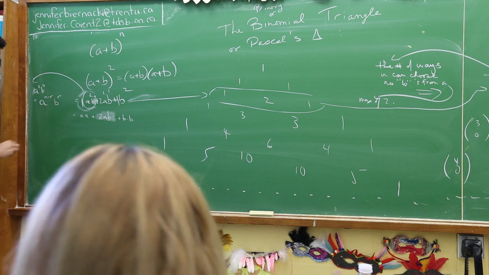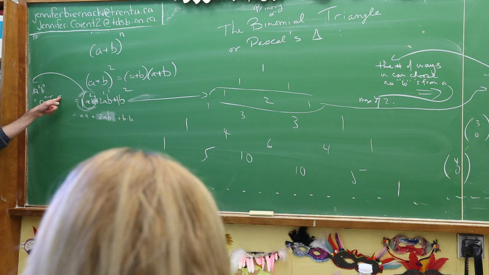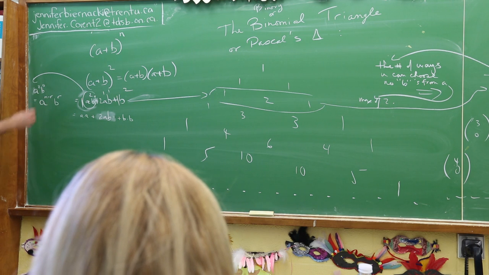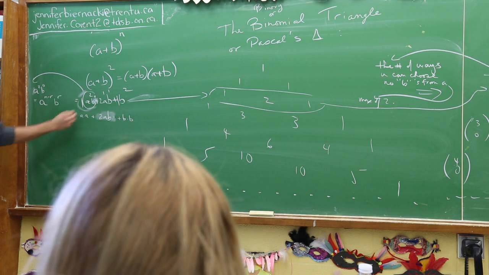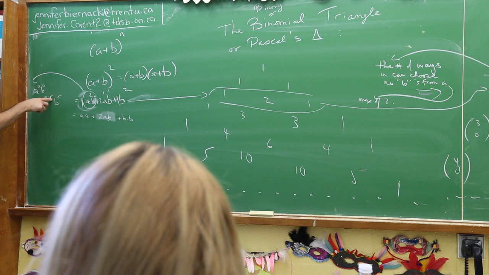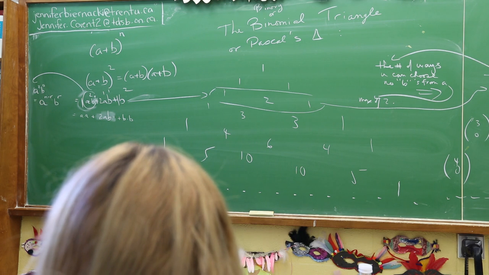Does that make sense? In other words, r is the number of b's that you take from the n available. So when you take 0 b's, how many a's do you have? You have n minus 0, which is n, in this case 2.